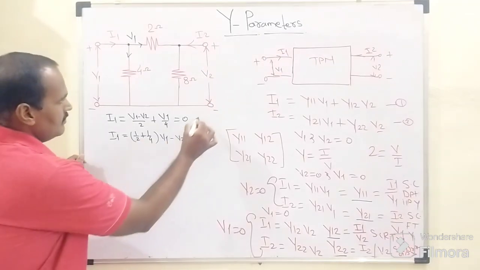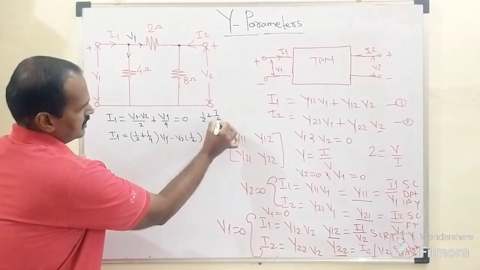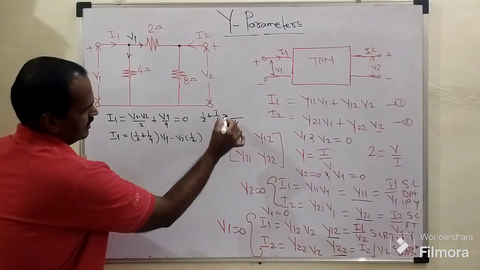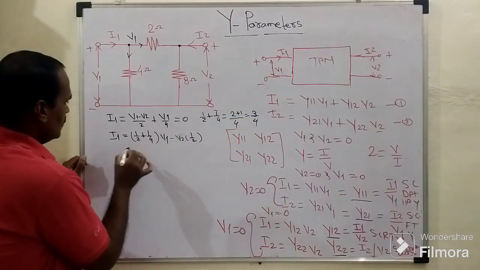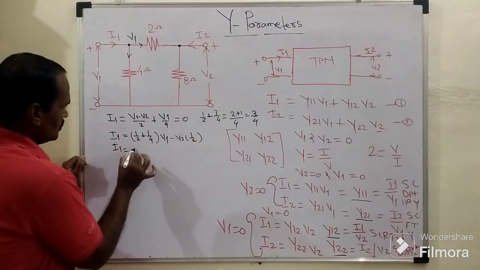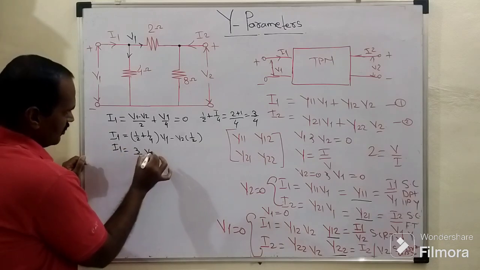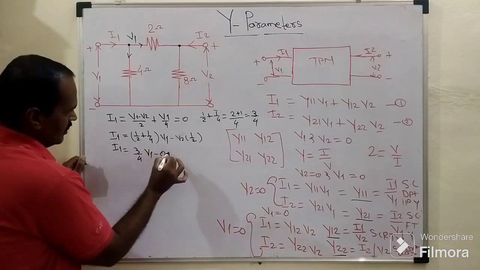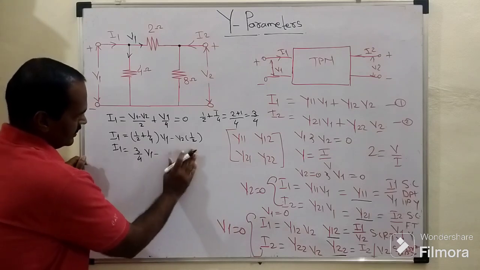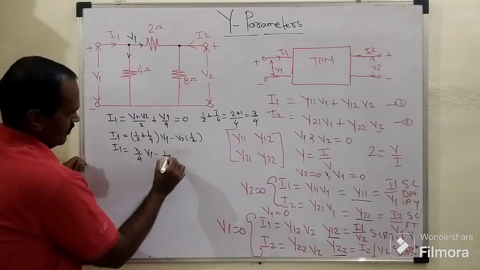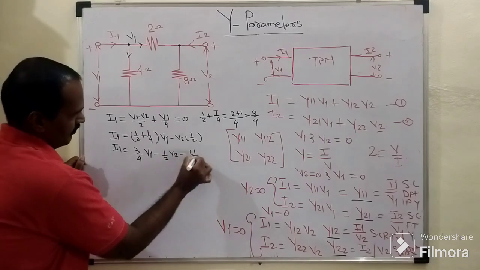If the LCM of 1 by 2 plus 1 by 4 is 4, it is 2 plus 1, so 3 by 4. So I1 equals 3 by 4 times V1 minus 0.5 times V2, or minus 1 half times V2.